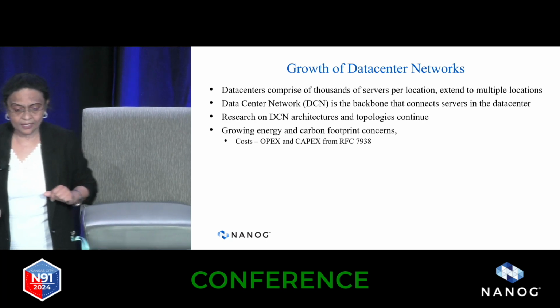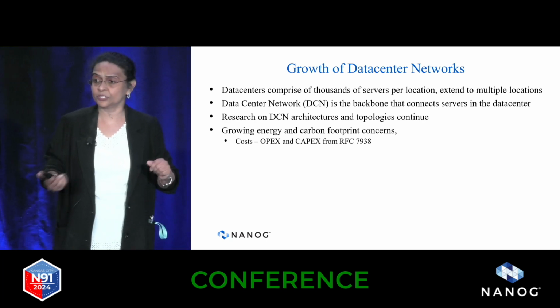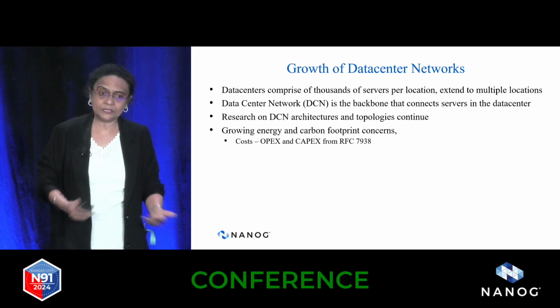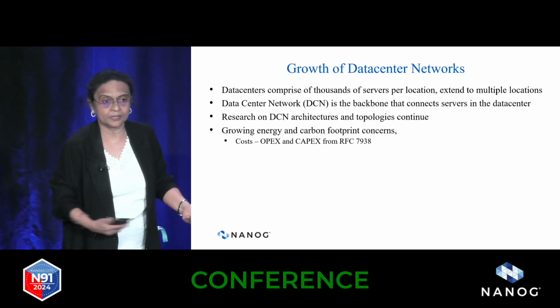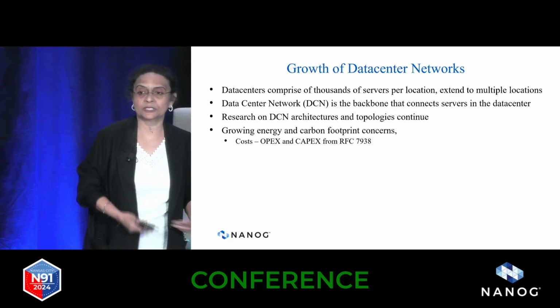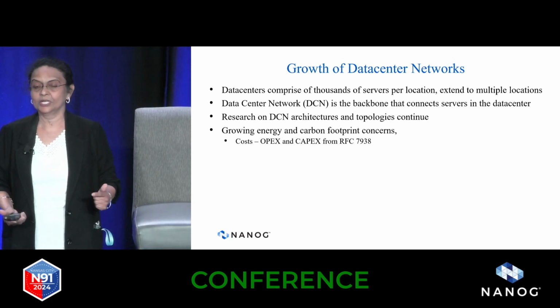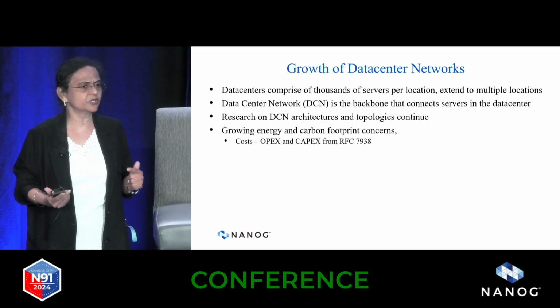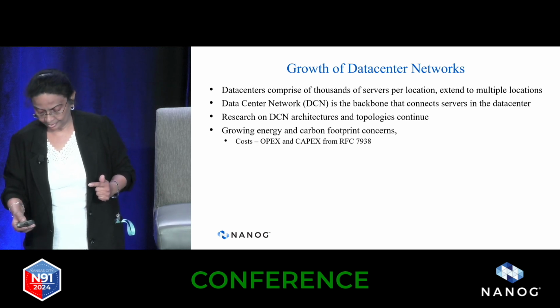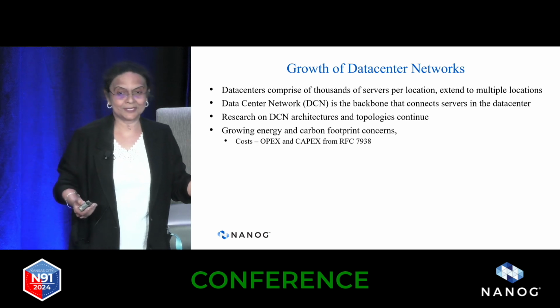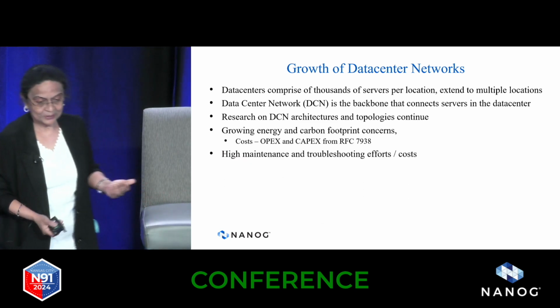And if you look at RFC 7938, which is BGP adapted to work on data center networks, they do talk about operational and capital expenditure cost. Okay, so there are numerous challenges here, not that I'm going to be addressing all of them.